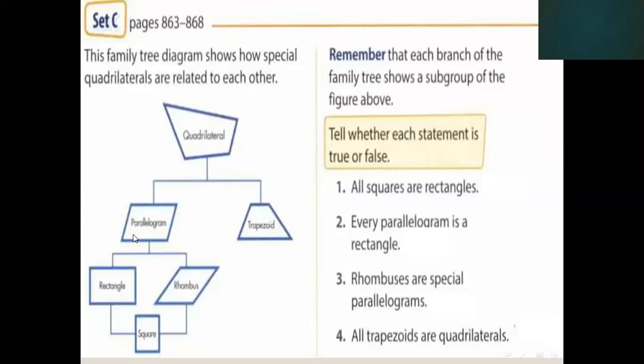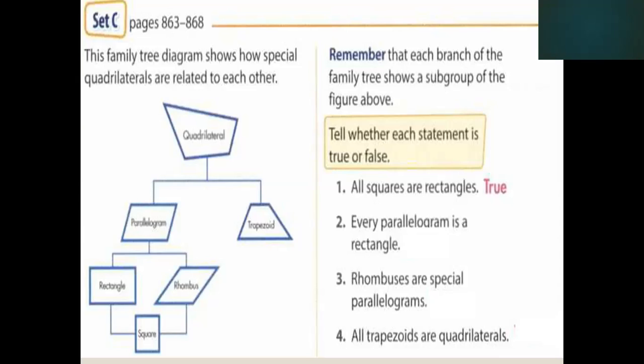After that, from parallelogram we can find rectangle and rhombus, and from rectangle and rhombus we get square. So when you tell whether each statement is true or false: all squares are rectangles, true or false, guys? Yes, because squares have the same properties of a rectangle.